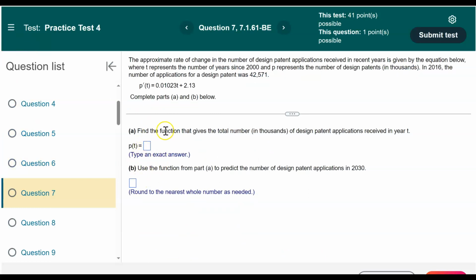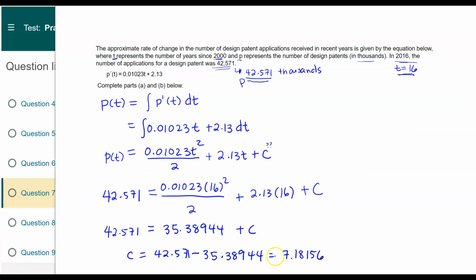Now let's look at the question here. It says to type the exact answer, so that means we're going to use the exact expression to get the expression for our P of t. So our P of t will be this, and we will use this number for the value of c. For P of t, I will simplify this and plug it into the calculator.